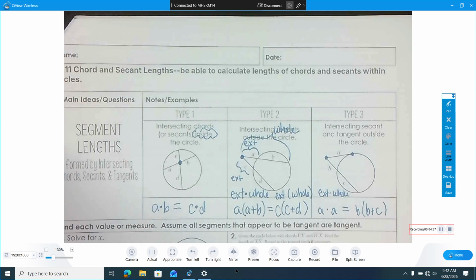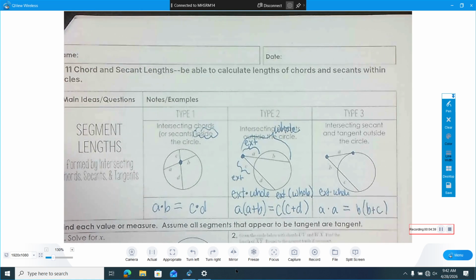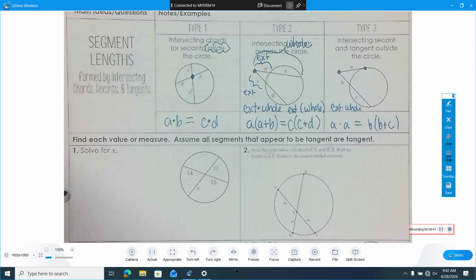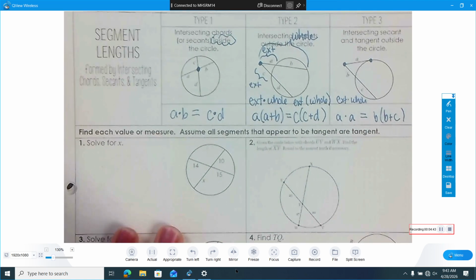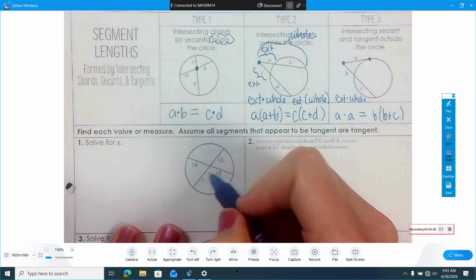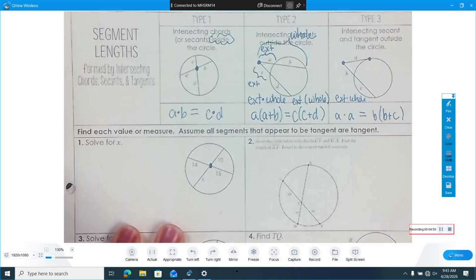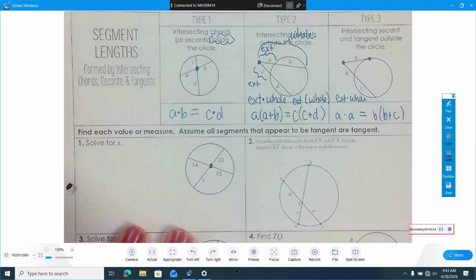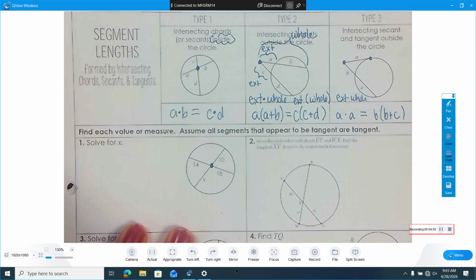With that in mind, let's look at number 1 and 2. For number 1, we have this intersection inside the circle. What's my setup?